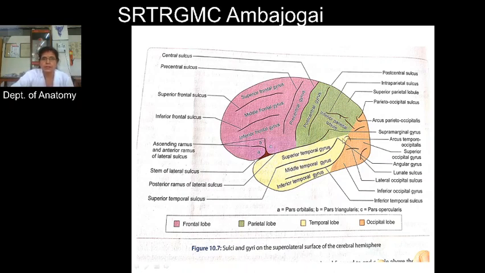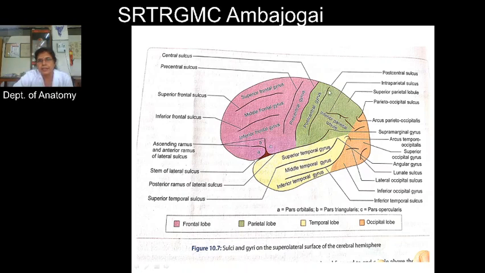Then sulci and gyri in the parietal lobe. Behind this central sulcus, there is the post-central sulcus, and this post-central sulcus runs parallel with this central sulcus, and the area between this central sulcus and post-central sulcus is the post-central gyrus, and this post-central gyrus forms the primary sensory area.